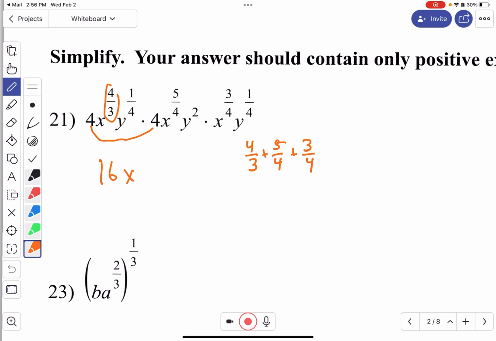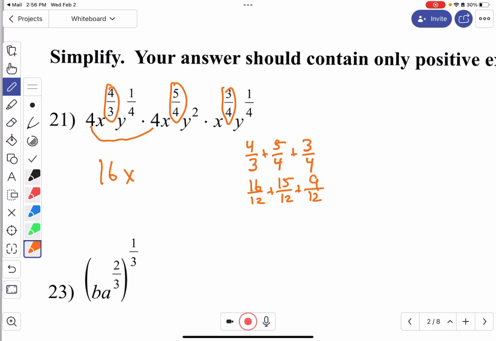Those are all my x's. I'm going to add those fractions together. Common denominator is going to be 12 for each of those. So that's the same as 16 twelfths. 3 times 4 is 12. 4 times 4 is 16. That's 15 twelfths. And that's 9 twelfths. Add all those together.